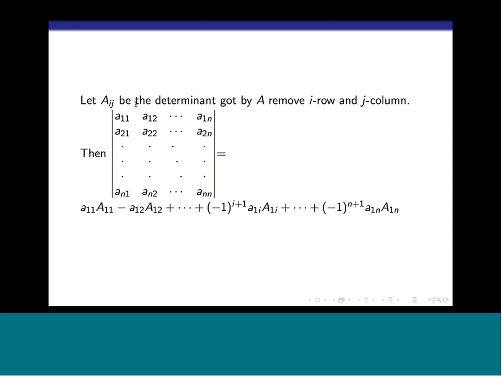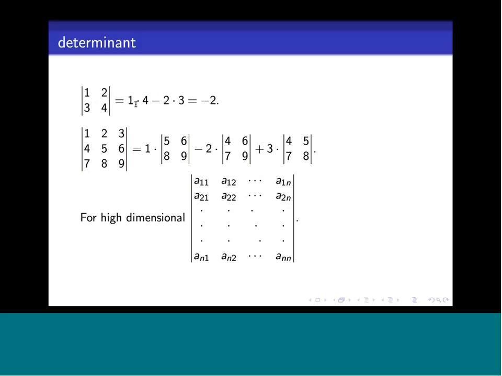For example, for a 3 by 3, you can use 2 by 2 determinants to calculate it, with entries 1 through 9. That one is going to be equal to that. So that's all the definition.